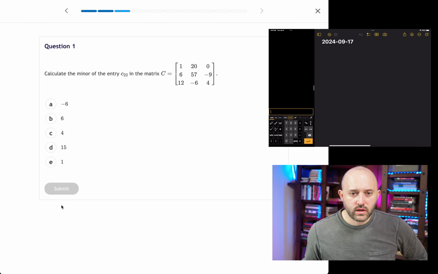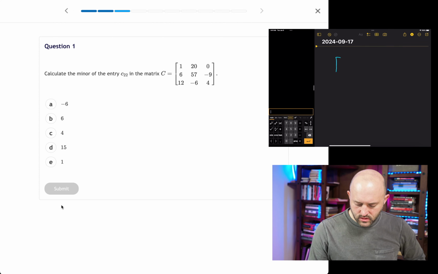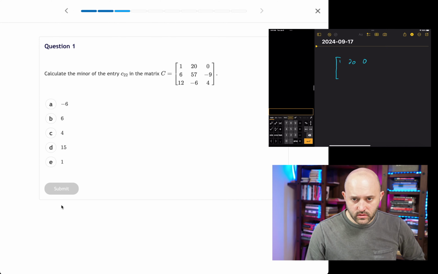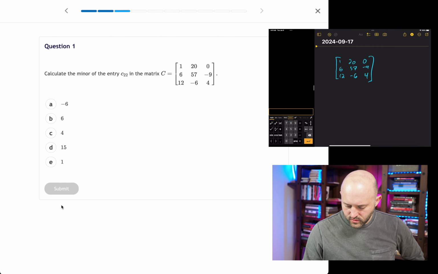Calculate the minor of the entry C22, which is the 57th thing in the matrix C. Okay, so let's first draw this one. 2, 0, 0, 6, 57, negative 9, and 12, minus 6, 4. So 2, 2 is this guy.